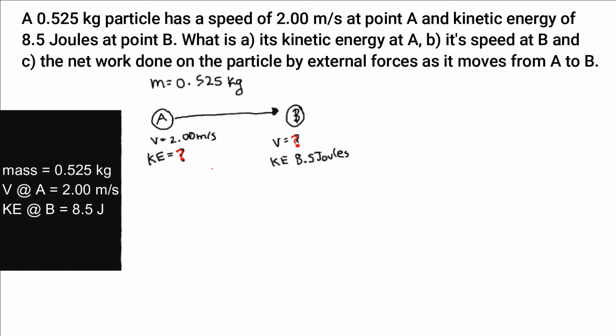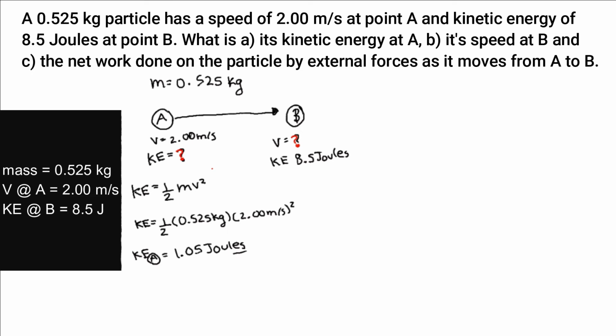We just need to solve for the formula we have. Kinetic energy equals 1/2 times mass times velocity squared. So let's plug in our values here. And the kinetic energy at point A is equal to 1.05 joules.